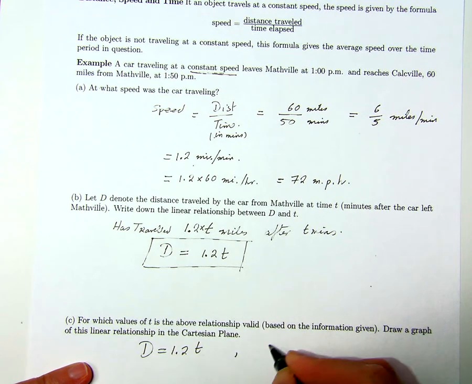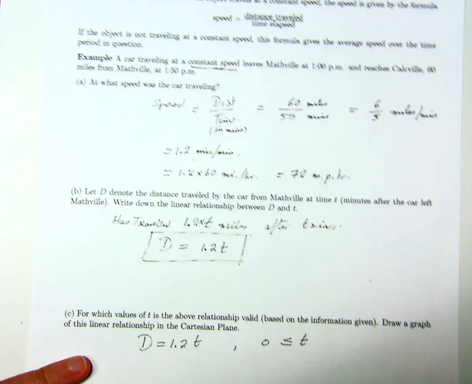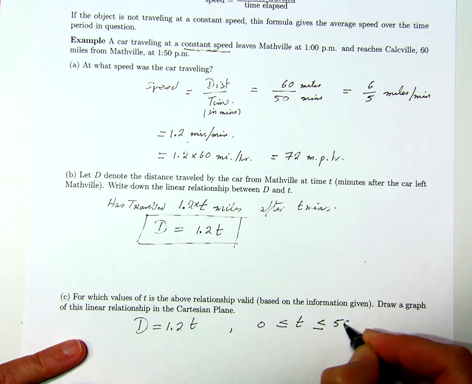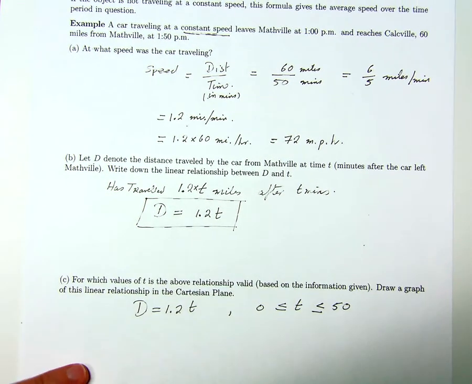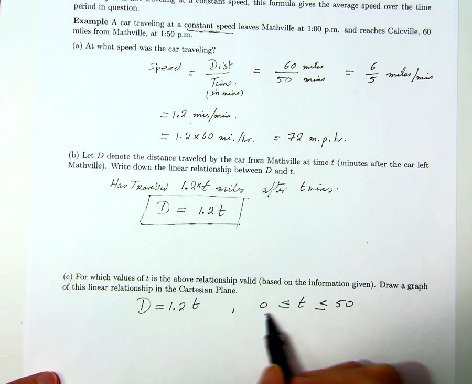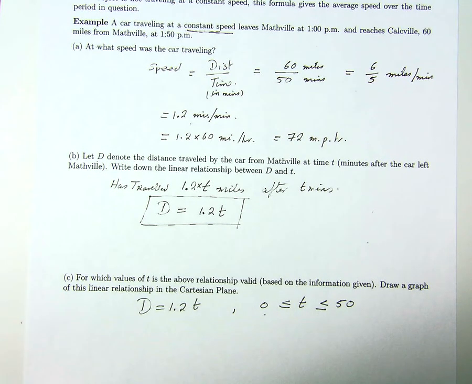Well, it's leaving Mathville when t is 0, so 0 is less than or equal to t, and it arrives in Calcville after 50 minutes, and that's when t is 50. So this is true for t between 0 and 50, while the car has traveled at this constant speed between Mathville and Calcville.